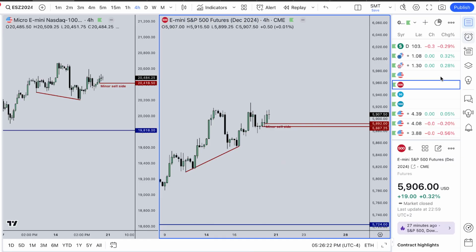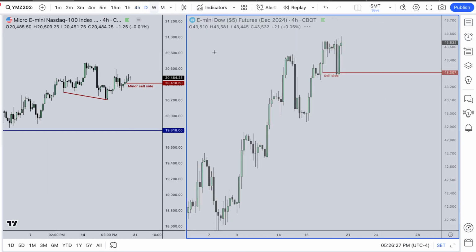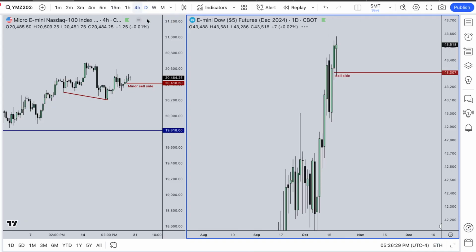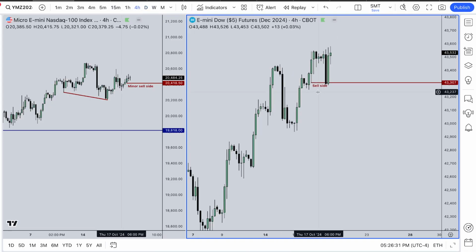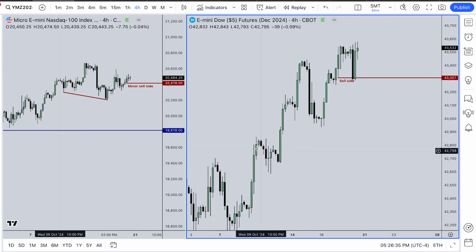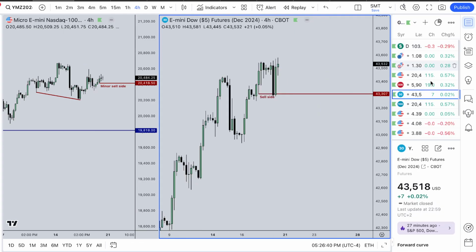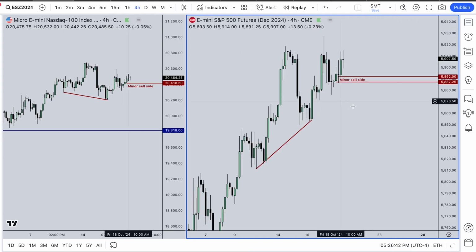Let's look at the Dow, daily chart, 4 hour chart. Higher price. I just want to see higher prices. Okay.